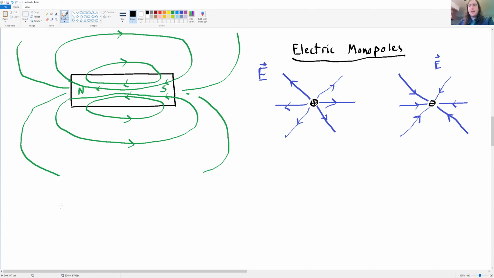Well, if we were to take a magnet, a bar magnet here, and I'm going to clean some space there. Let's go ahead and use this rectangle function.